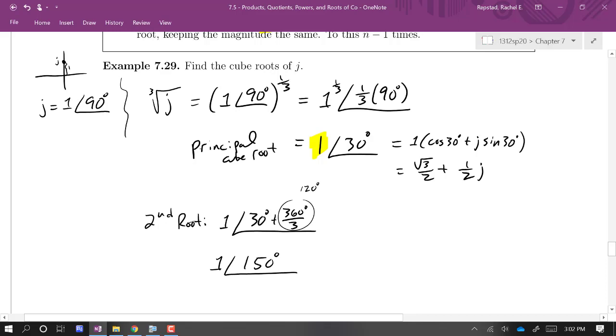So there's the second root. And if we like, we could find the rectangular form. This will be negative root 3 over 2 plus 1/2 j.